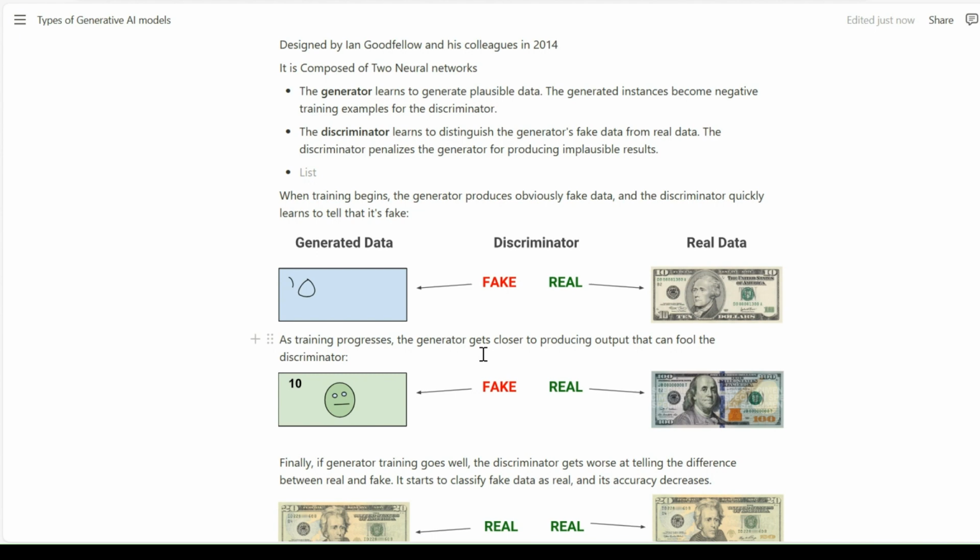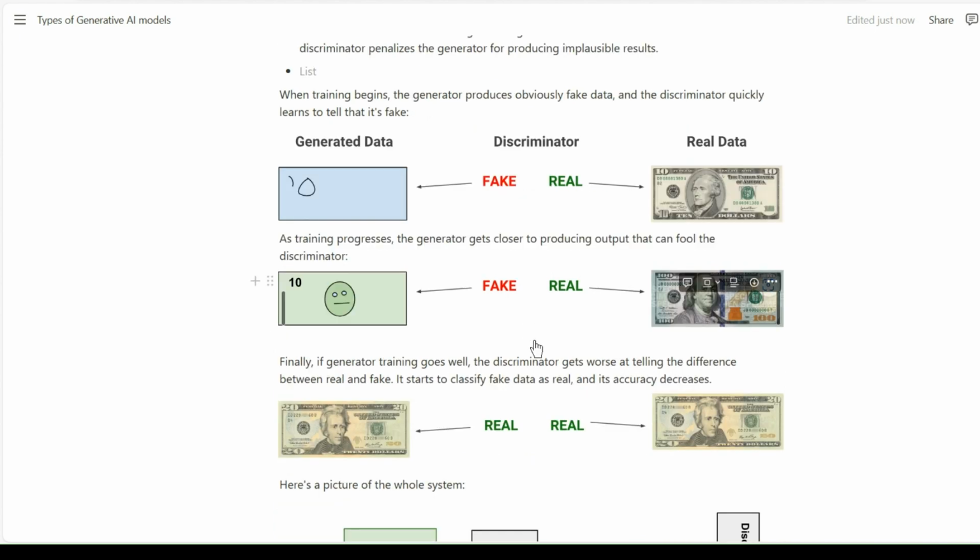This loop continues until finally the generator generates data that is almost like the real one, where the discriminator says, okay, this is real. Even the discriminator gets fooled as to whether it is real or fake. The generator learns to generate more and more realistic data, and the discriminator learns to identify whether it is real or fake.